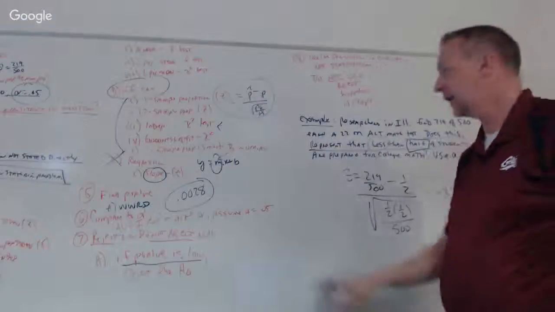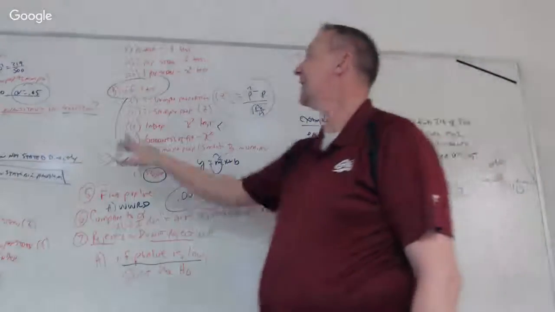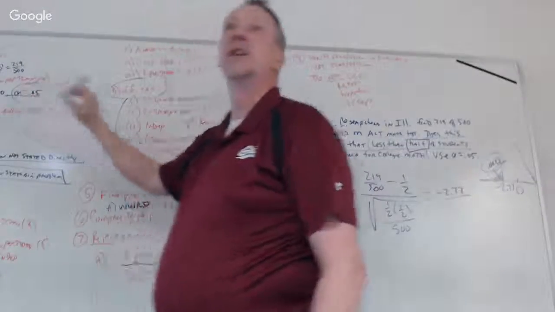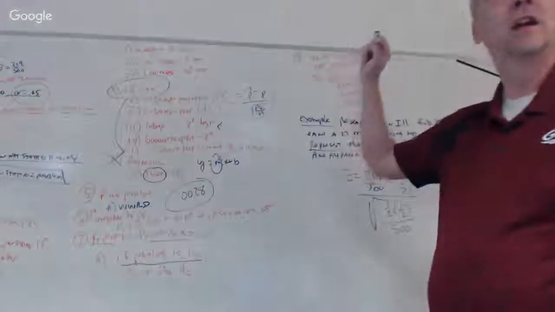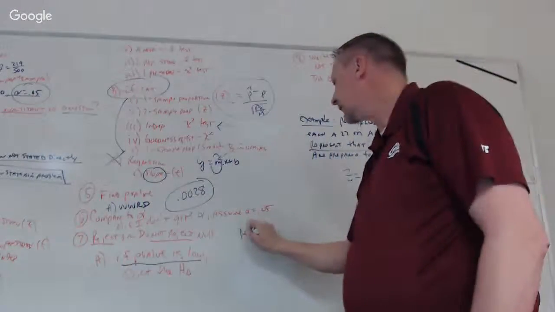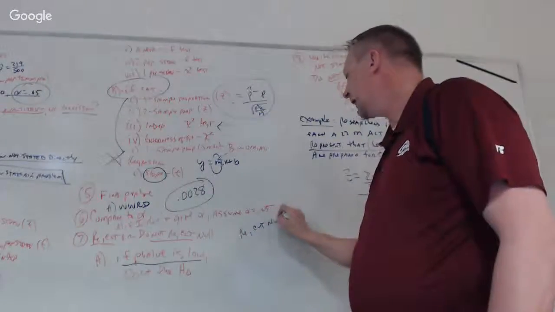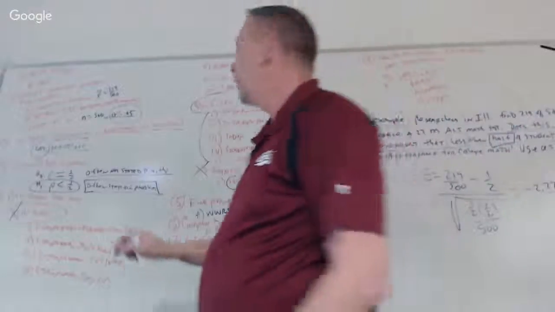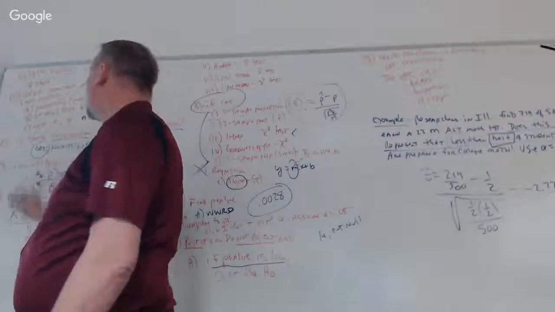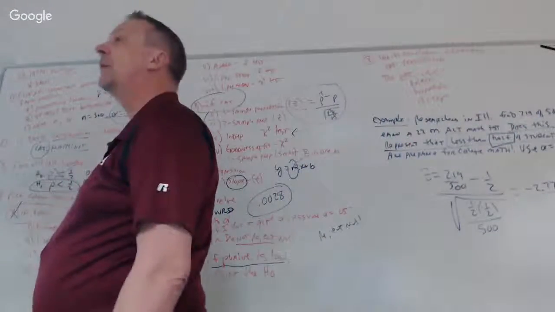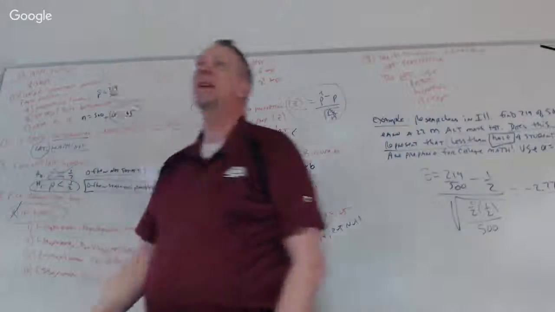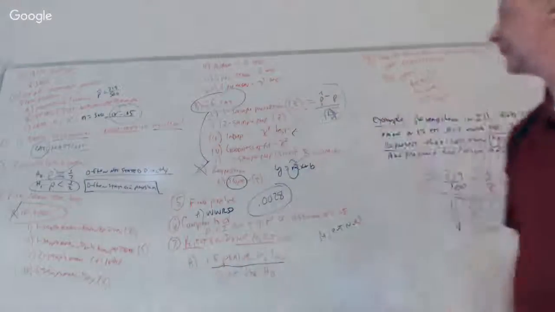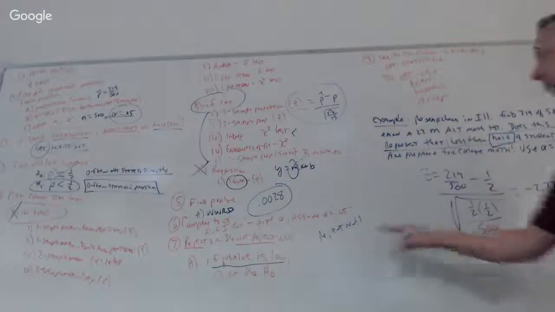It is, okay? 0.0028 is less than 0.05, so therefore I reject the null. We think that there's evidence here. We no longer believe that the null is true. The null said that p was 0.5. The alternative is p is less than 0.5, okay? So we reject the null.